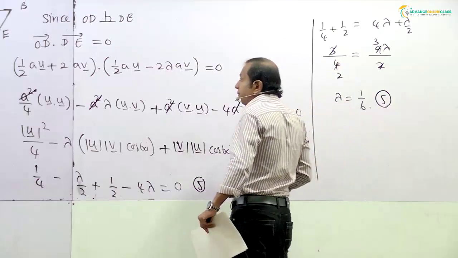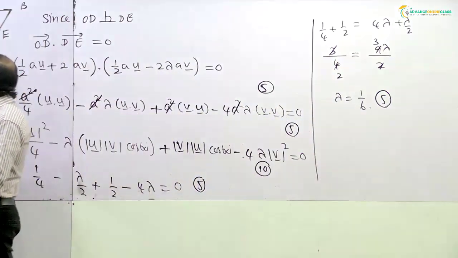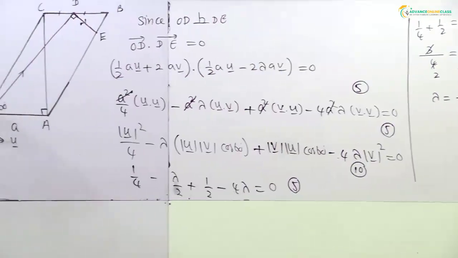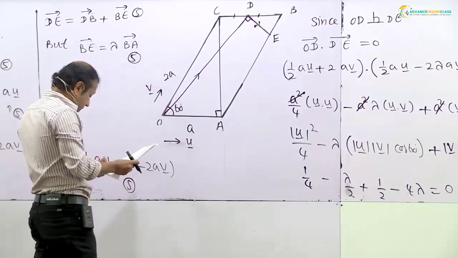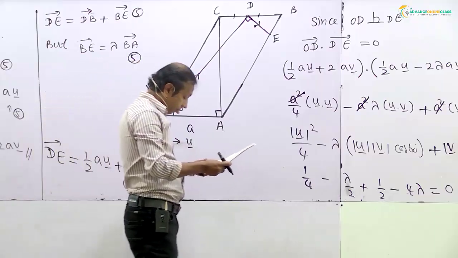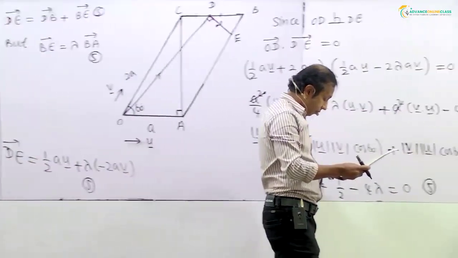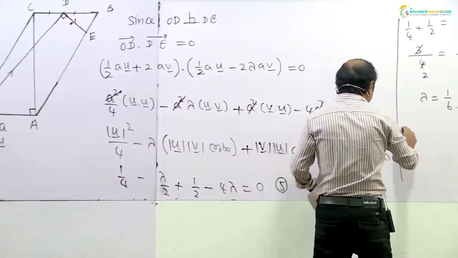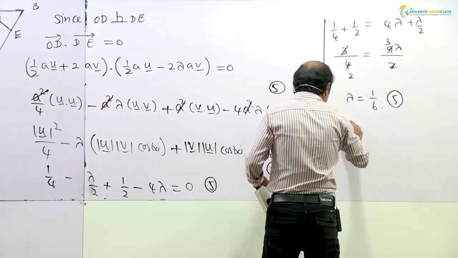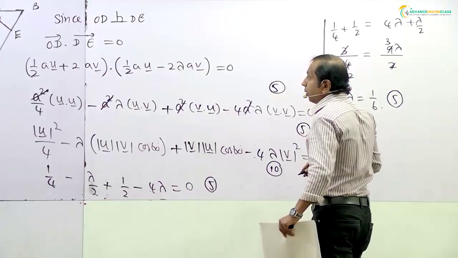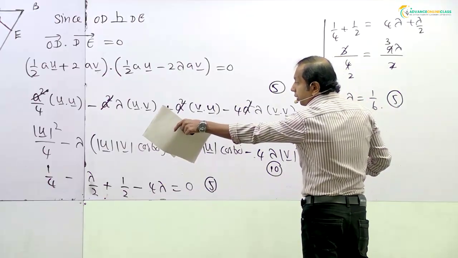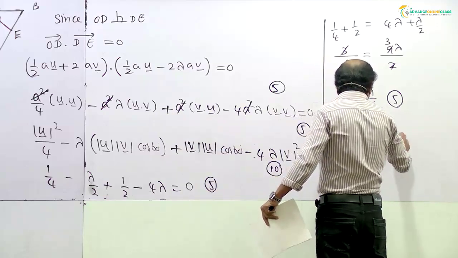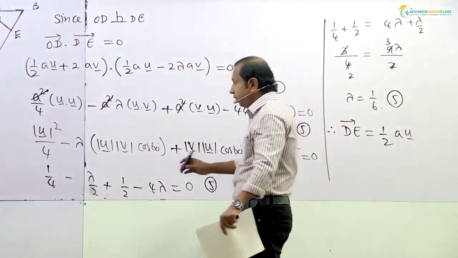All right. Now we need to find DE. Right? Substitute for this and simplify that. Therefore, DE vector, DB. Here we have DE, no? Half AU. This one we can directly use, no? DE.